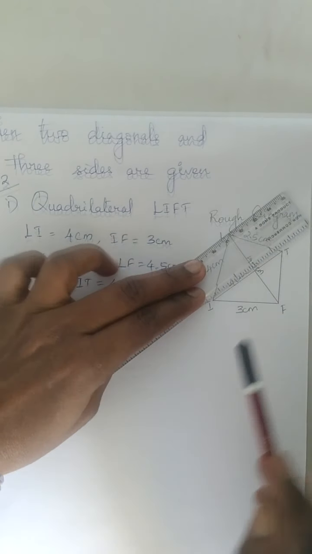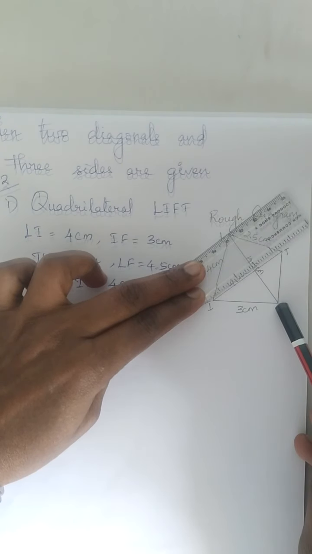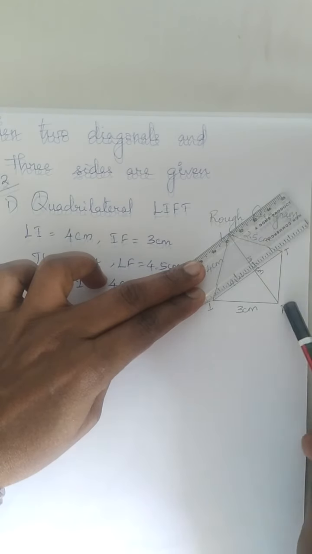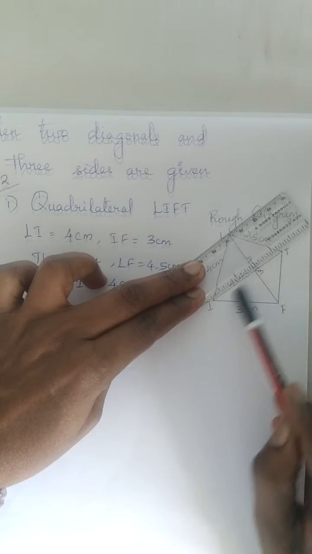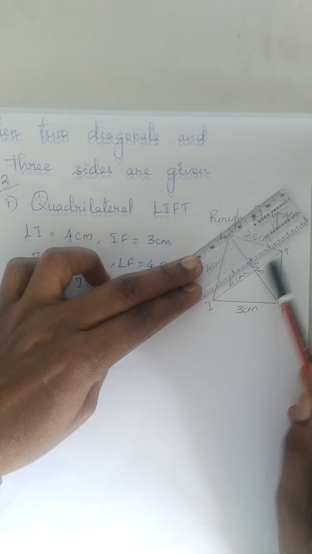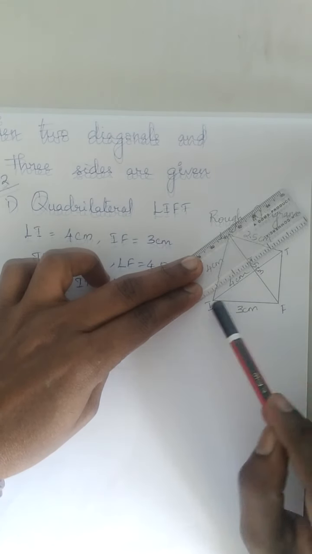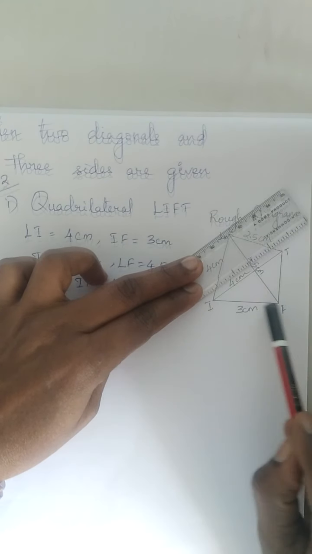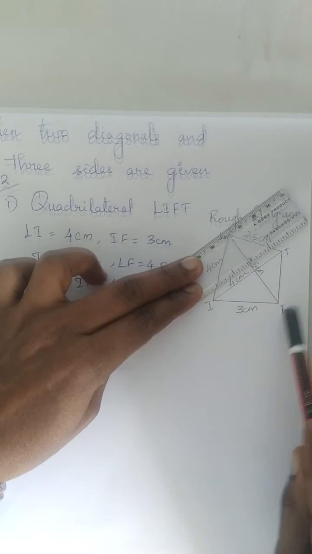Suppose now I am keeping, just look at this triangle TIF. Triangle TIF or angle IFT, anywhere we can name like this. So in this triangle TIF, are you having all the three sides? You have TI, that is 4 centimeter, IF 3 centimeter, but you are not having this TF side.